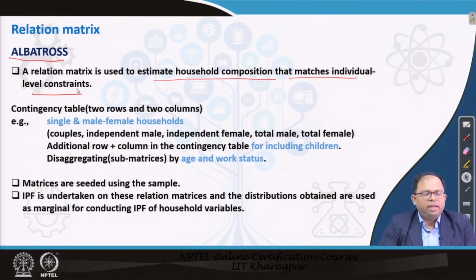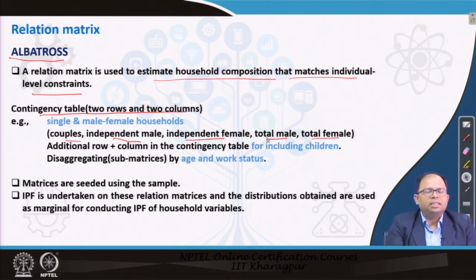Now, what does that mean? Suppose we take a contingency table of 2 by 2 columns, where these 2 by 2 columns include single and male female households, and the data in this contingency table are couples, independent males, independent females, total male, total female.